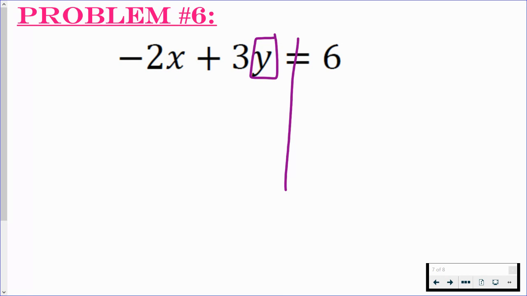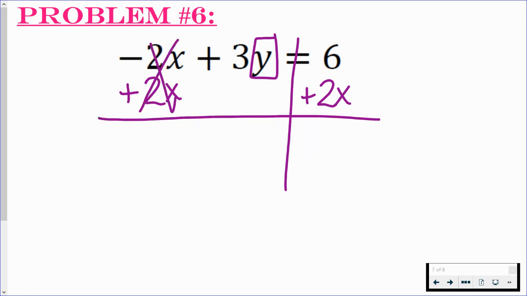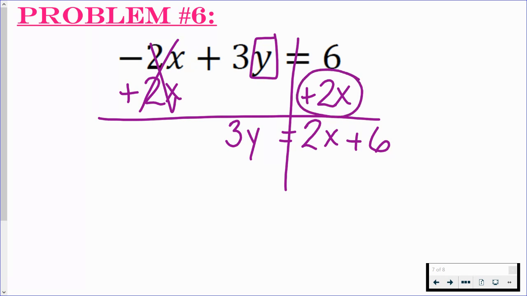So again, I want to move the whole term, so I'm always either adding or subtracting with the x. I'm going to add 2x. Now I have 3y equals 2x plus 6, because remember, my 2x was positive, and then my 6 is positive.